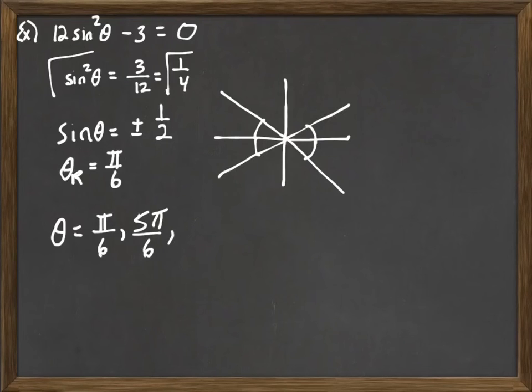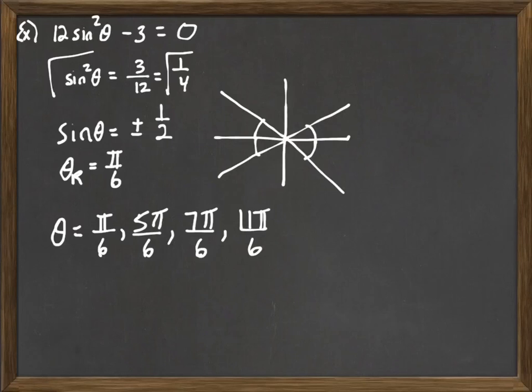In the third quadrant, it'll be pi over 6 past pi, which will make it 7 pi over 6. And lastly, it will be pi over 6 short of 2 pi, which would give us our final answer here, 11 pi over 6. So now we have one more example here of a trigonometric equation.